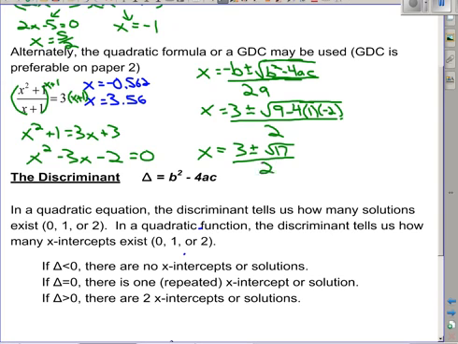You should realize that this means two different numbers: 3 plus root 17 over 2, and also the solution 3 minus root 17 over 2. And if you actually worked out what those are for decimal approximations, you'd get what we found in our GDC to start with. So you can see how convenient the GDC graphical solution can be.